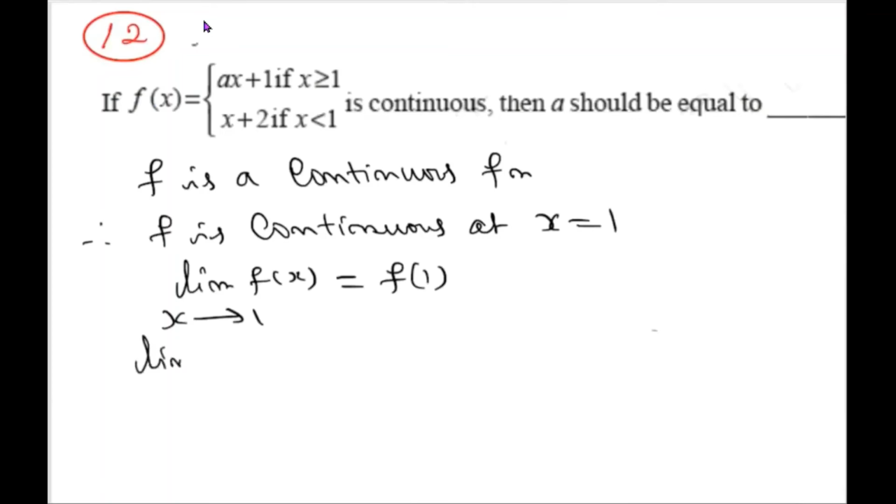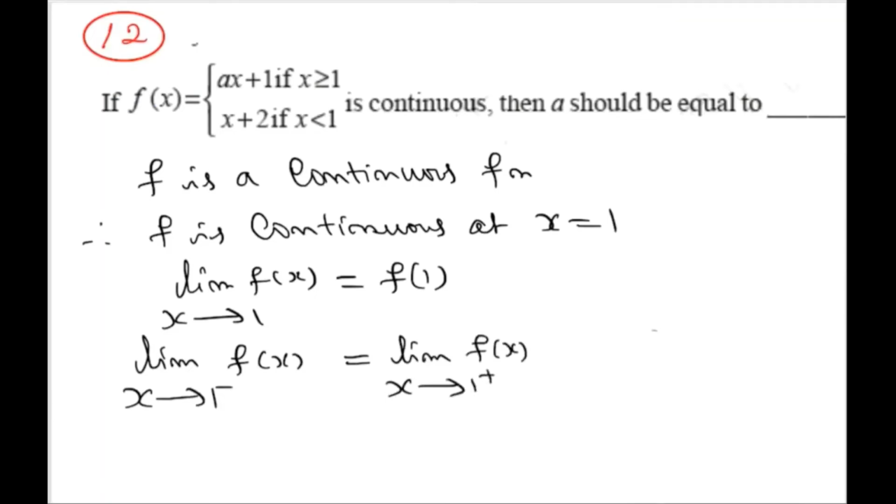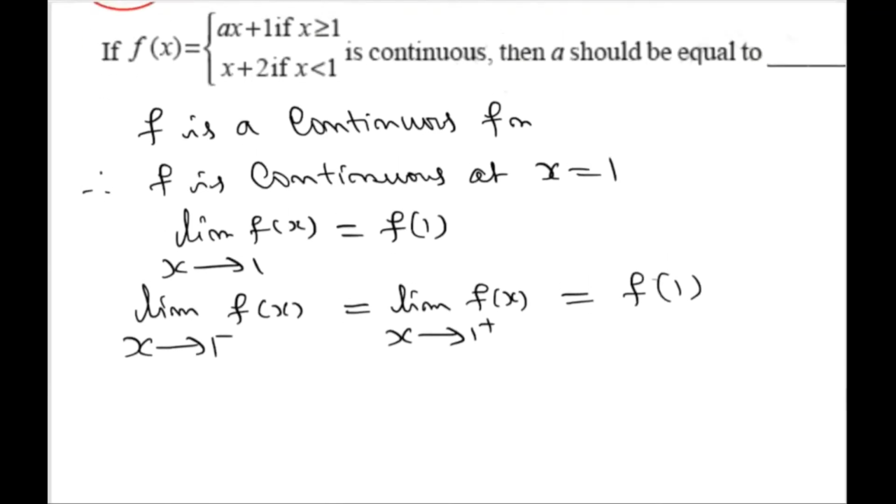So you get the limit as x tends to 1 minus of f of x, equal to the limit of f of x as x tends to 1 plus, that is f of 1. Now the left hand limit, that is x approaching the value 1 through values lesser than 1. That means x is less than 1.